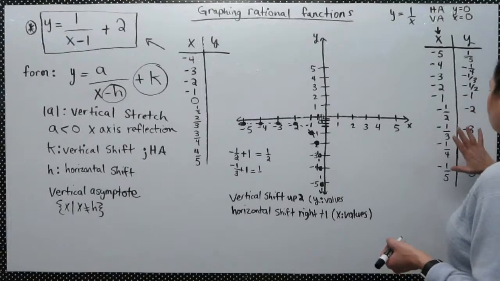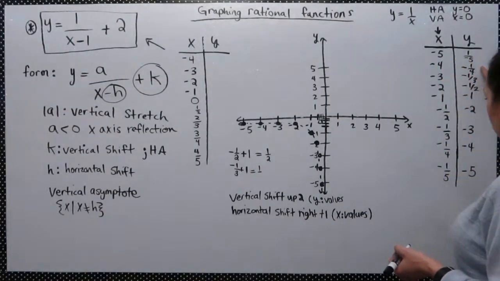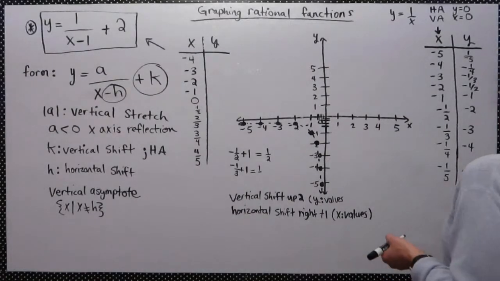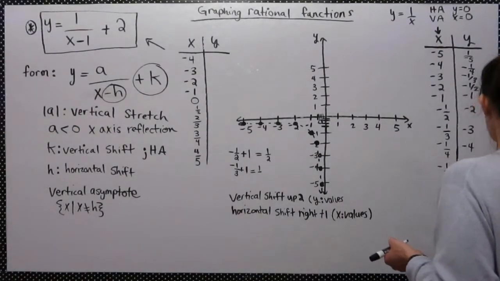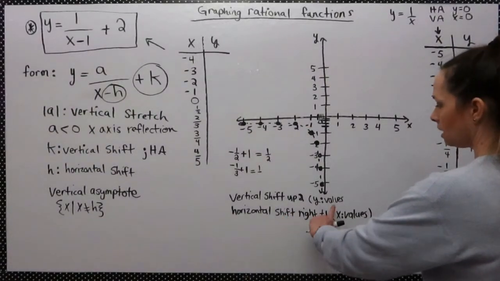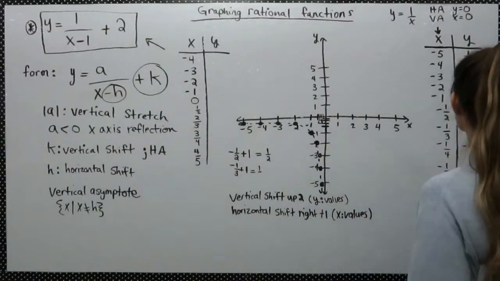But we have to make sure that we've got all these points shifted, because we're going to shift these as well. So the horizontal shift here is, let's see, what's it saying? The y values, we're going up 2 on all these points.